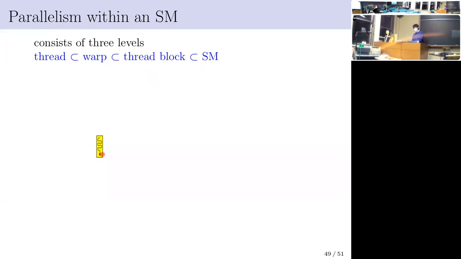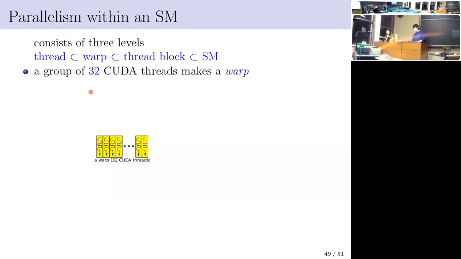So this is a single CUDA thread. And a warp is a group of 32 CUDA threads. A group of 32 CUDA threads makes something called a warp in NVIDIA terminology. I'll get to this later, but basically these 32 threads always execute exactly at the same time.